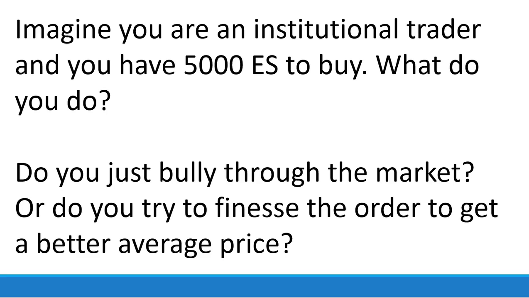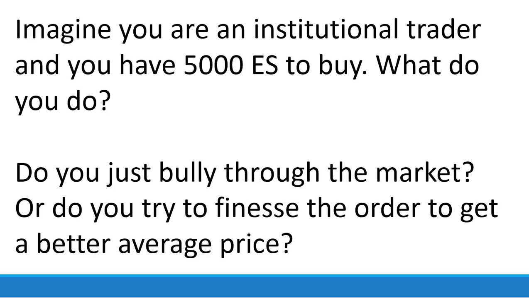Now, I have explained before that for large orders, the institutional traders are concerned with their average price. So say the market is 2021 bid at 2021 and a quarter, and there's 300 on the bid, 500 on the offer, at a half there's 600, at 3/4 there's 1,200, at 2022 even there's 1,500.